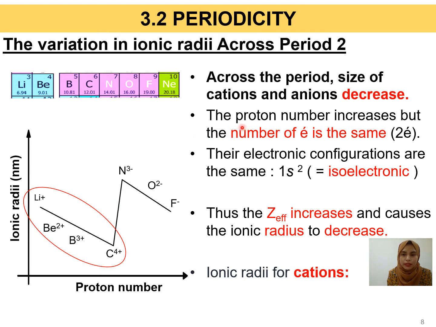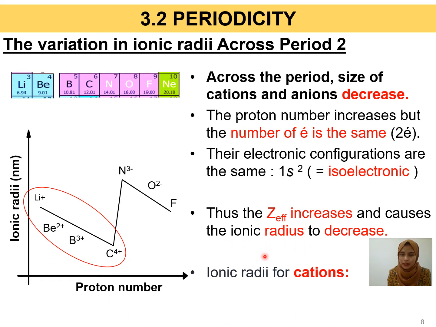The proton number increases, but the number of electrons is the same, and they are all isoelectronic, because when they become ions, they all become isoelectronic. Therefore, the Zeff will increase and cause the ionic radius to decrease.